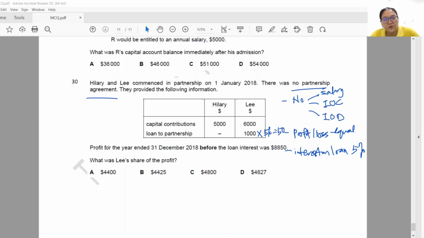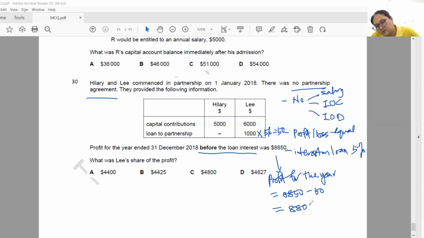Profit for the year before the loan interest was 8,850. We want to find the profit for the year, or share of the profit, so we minus: 8,850 minus 50 gives 8,800.